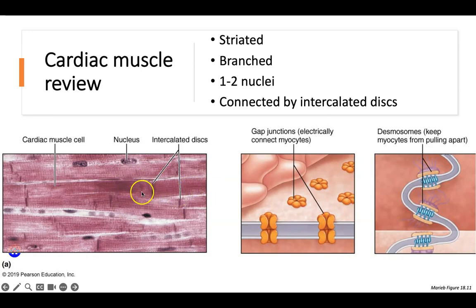And those ions are going to immediately flow into the adjacent cell and allow it to experience a nearly simultaneous action potential. Additionally, desmosomes are going to keep those adjacent cells from pulling apart from each other. Remember, these cells are going to really massively contract whenever they're depolarized. And when they contract, these desmosomes are going to help to hold the adjacent cells together.